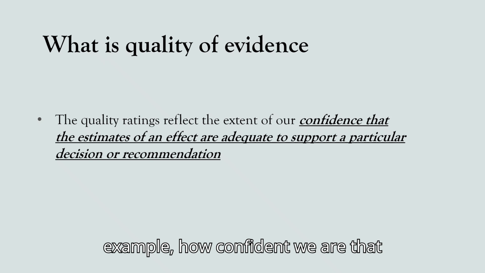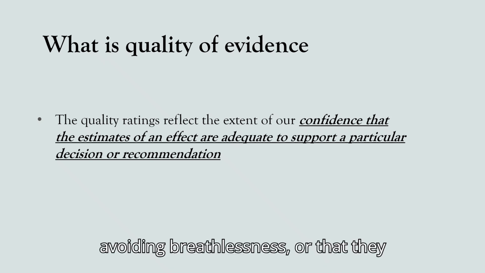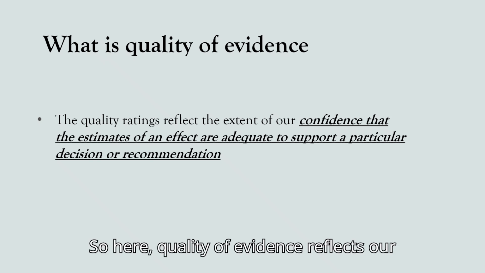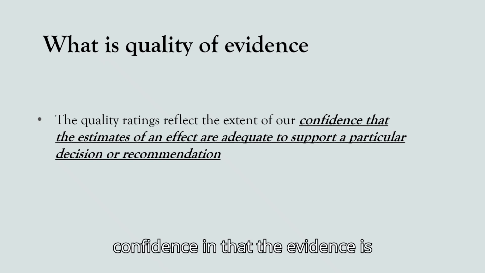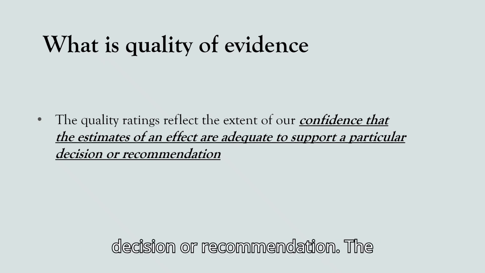For example, how confident we are that the patient truly prioritizes avoiding breathlessness, or that they are willing to accept certain risks. So here, quality of evidence reflects our confidence in the findings about the importance of outcomes and our confidence that the evidence is adequate to support a particular decision or recommendation.